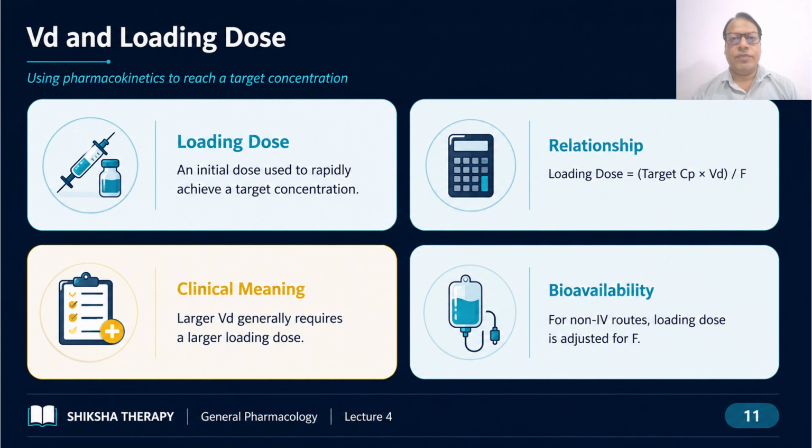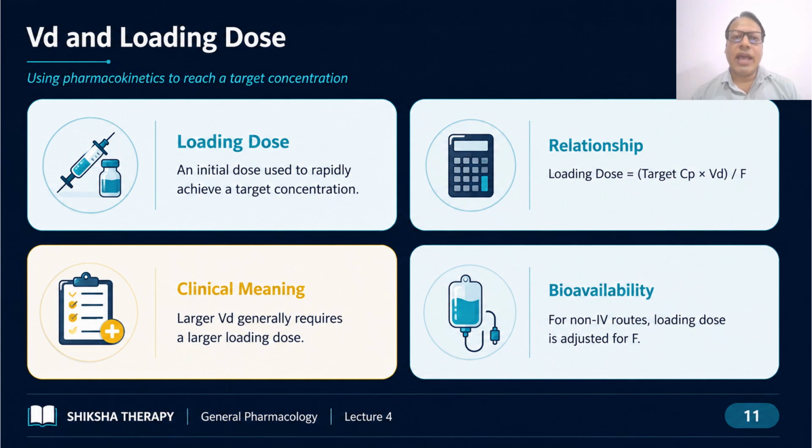Volume of distribution has an important clinical application in calculating the loading dose. Loading dose is an initial dose given to rapidly achieve the desired target plasma concentration. The relationship is: loading dose equals target plasma concentration multiplied by VD, divided by bioavailability.